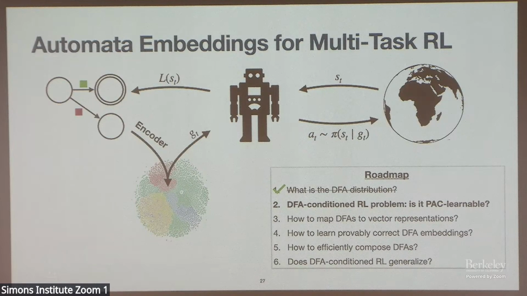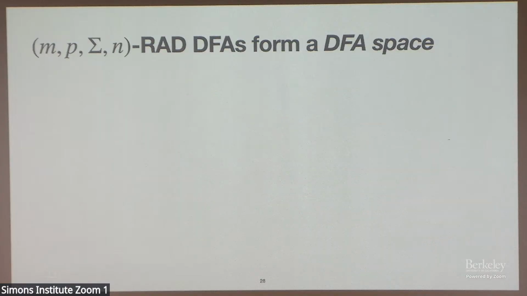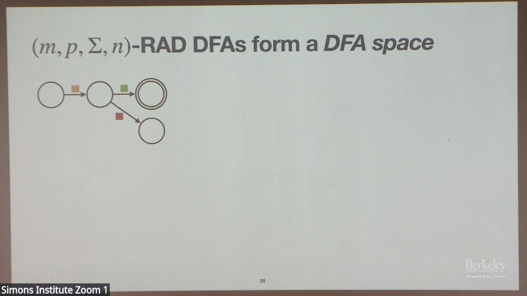Okay, so the next question, what is the DFA conditioned RL problem? To do so, we'll need to define this DFA space object. So these DFAs that I just defined, the RAD DFAs, they form a DFA space. And here's what I mean by that. Let's take this RAD DFA, and let's imagine this as a state itself.